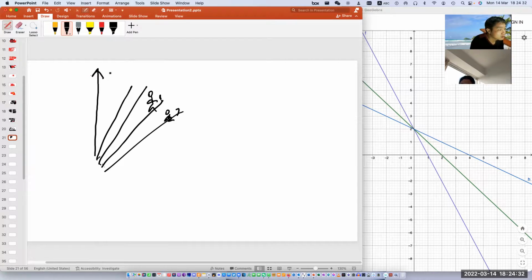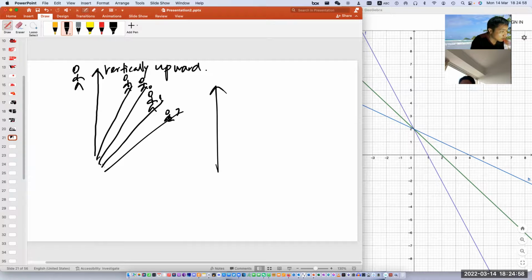Upward. Vertical upward. Or vertically upward. So what does this mean? If you reach this vertically upward. So this is person 0. This is person without any label. So this is the vertical upward. This is called person, I call it the ultra.